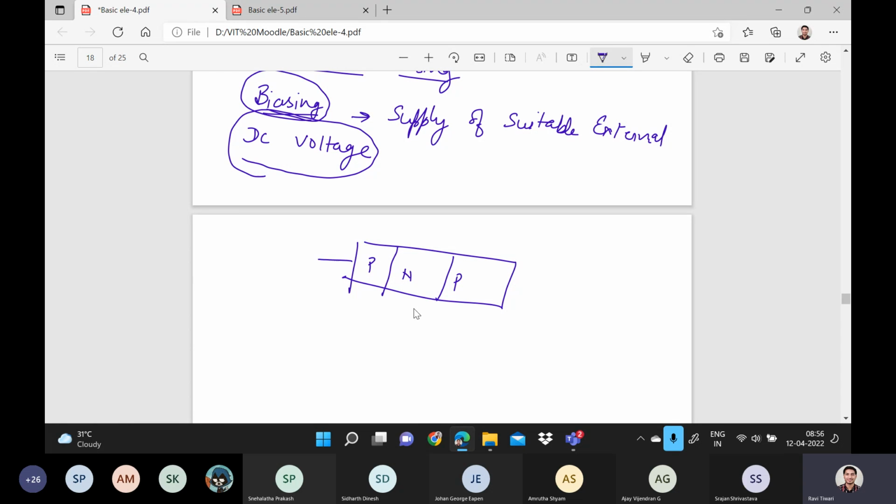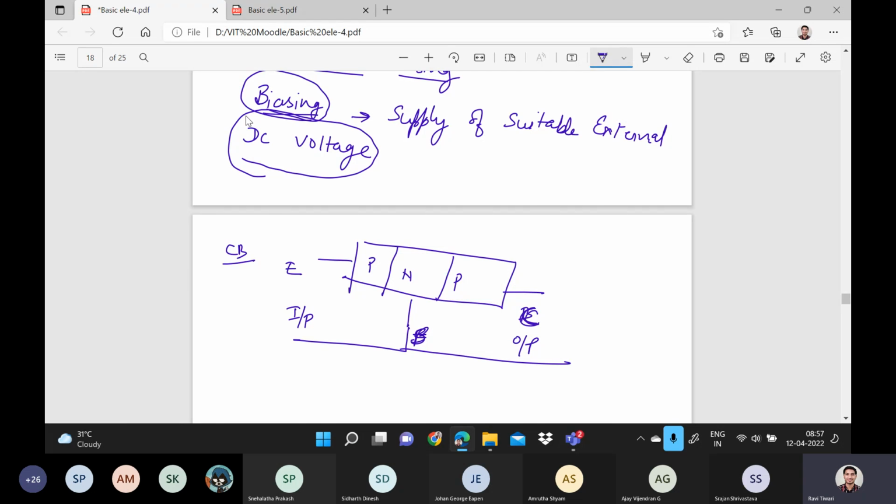The terminals are emitter, base, and collector. We can keep either of these terminals common for input and output. For example, I am considering this as common base, so base is common for input and output. This is for input and this is for output.